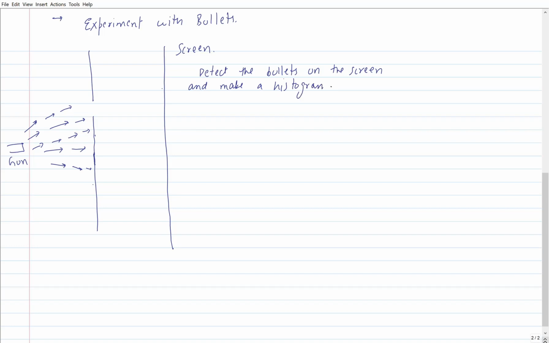Each time the bullet hits, I click it, click it, click it, and I make a histogram. And from that histogram, I make a probability distribution, P1. Any ideas how the probability distribution is going to look like? Yeah, so I'm just going to specify here, bottom slit closed. This is my experiment 1.